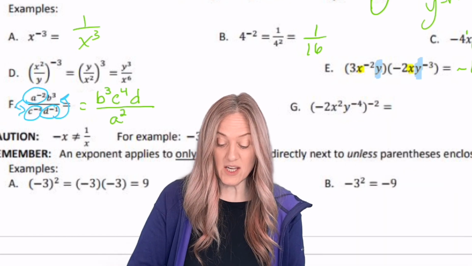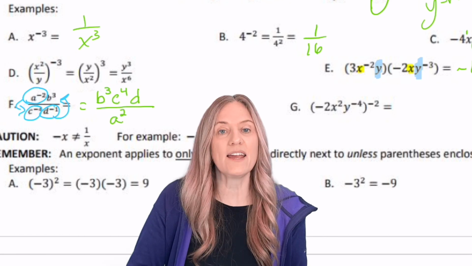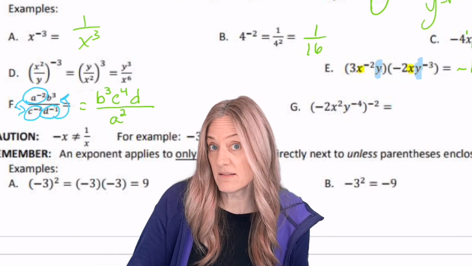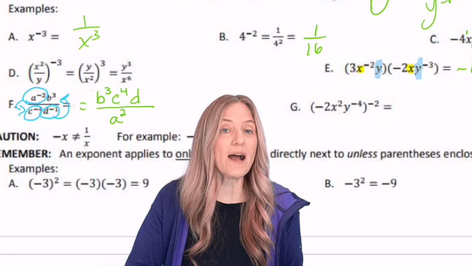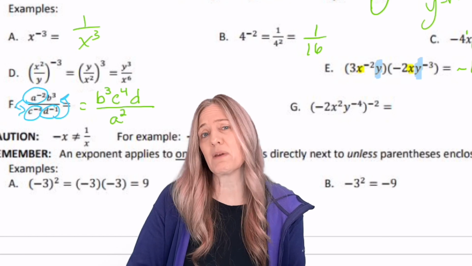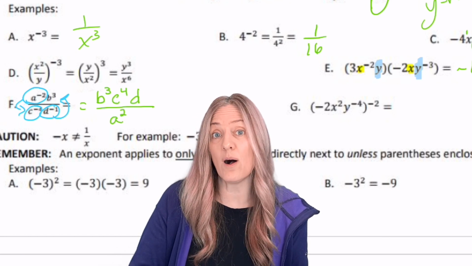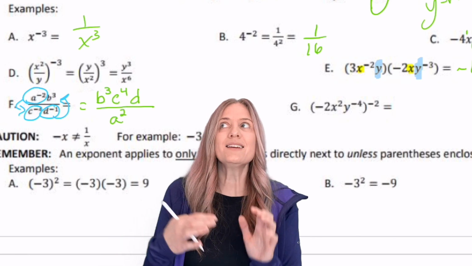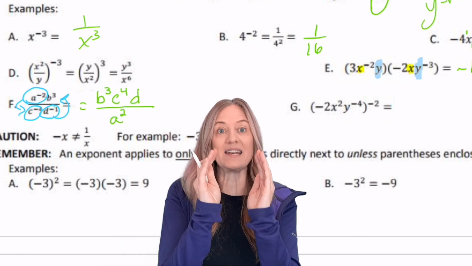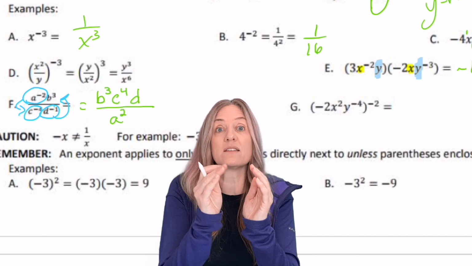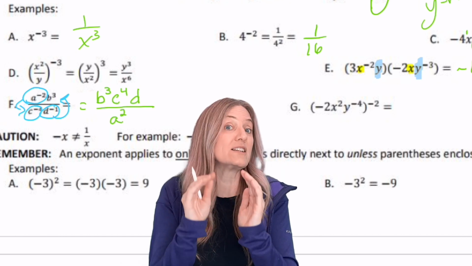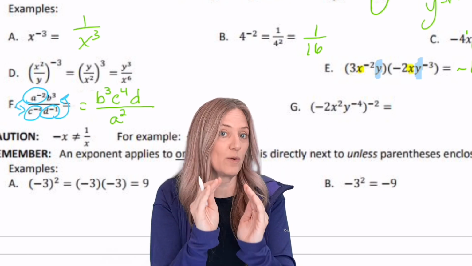Last, let's look at G. Oh my. All right, close by multiply. We're going to bring in that -2 power, but this is really interesting because my coefficient is -2 also. So when I'm bringing it into that -2, I actually need to keep the -2 in parentheses because the -2 power will apply to that -2 coefficient.